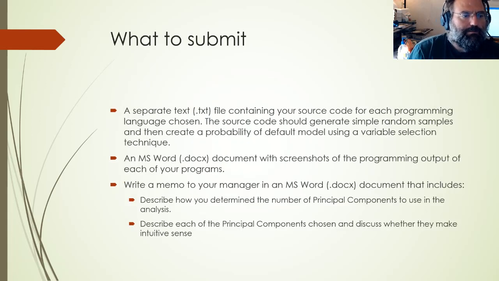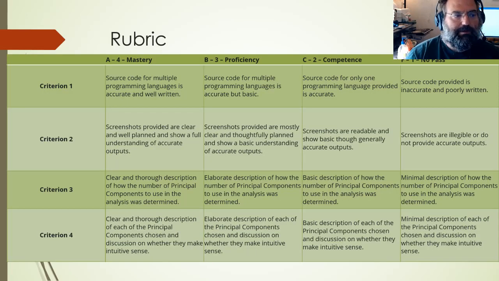And then a text file or textual representation of your source code in each of the languages, and a Word document with screenshots justifying it, which is also probably the memo. 1 document there, it doesn't have to be 2. Just like what we've been doing, works great. And describe what PCA is, if it makes sense, and how it works, and so on. And that's basically it. Shoot for the mastery as always.